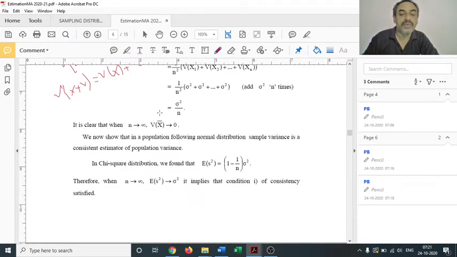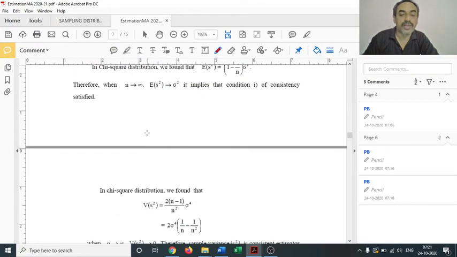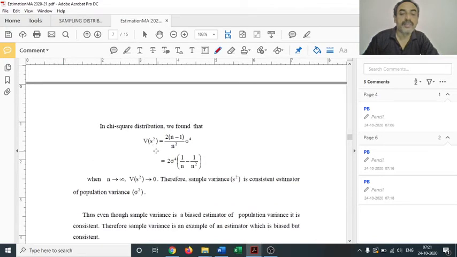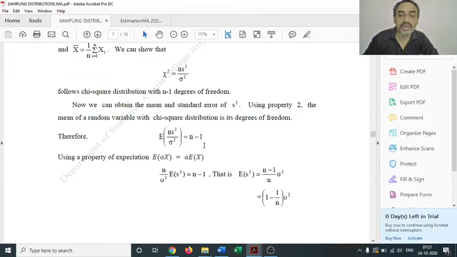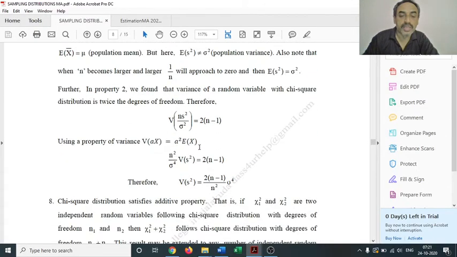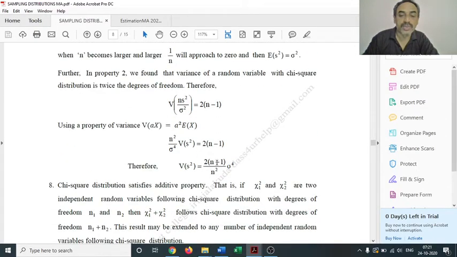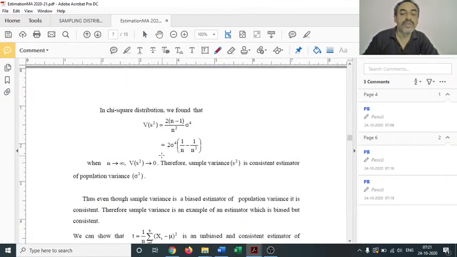Next, we can come to the variance of S square. In the sampling distribution, we found that V of S square equals 2 into n minus 1 by n square sigma raised to 4. That was discussed along with the chi-square distribution. So when n tends to infinity, V of S square tends to 0.